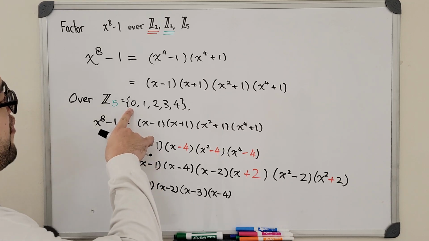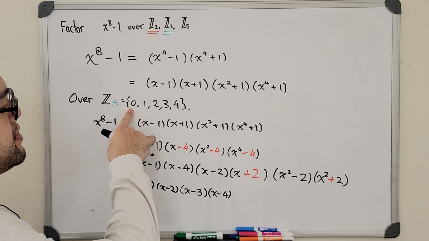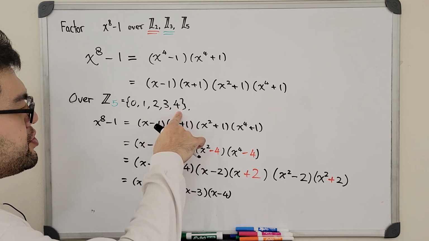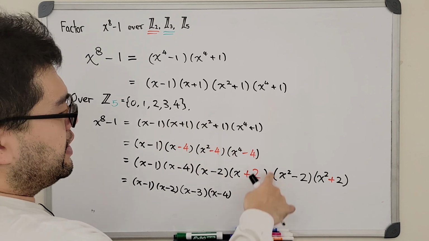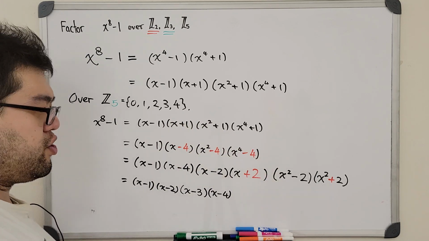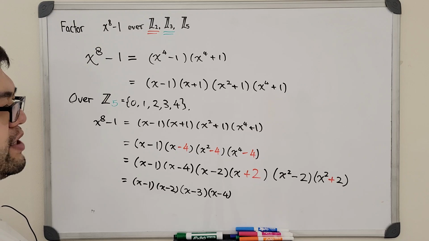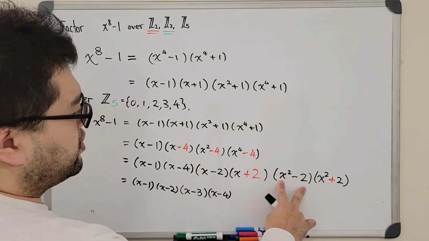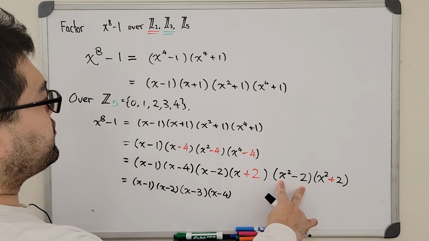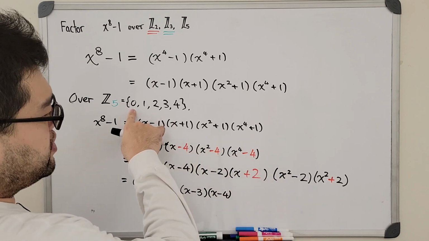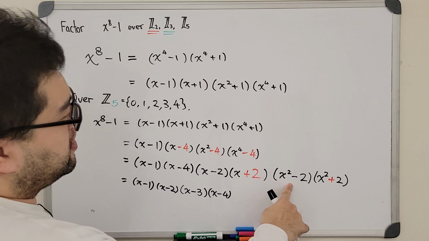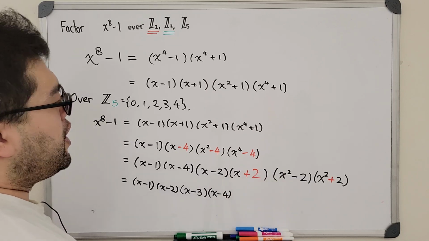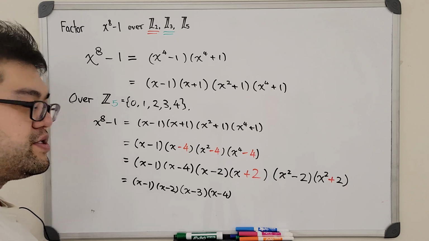So to find out, we just need to substitute the possible solutions into each quadratic term and see if the remainder ends up with 0. So first, we're going to look at the x squared minus 2 term. We see that when x equals 0, we don't get the whole thing equal to 0. And if we check all of them, none of them will actually give us 0.